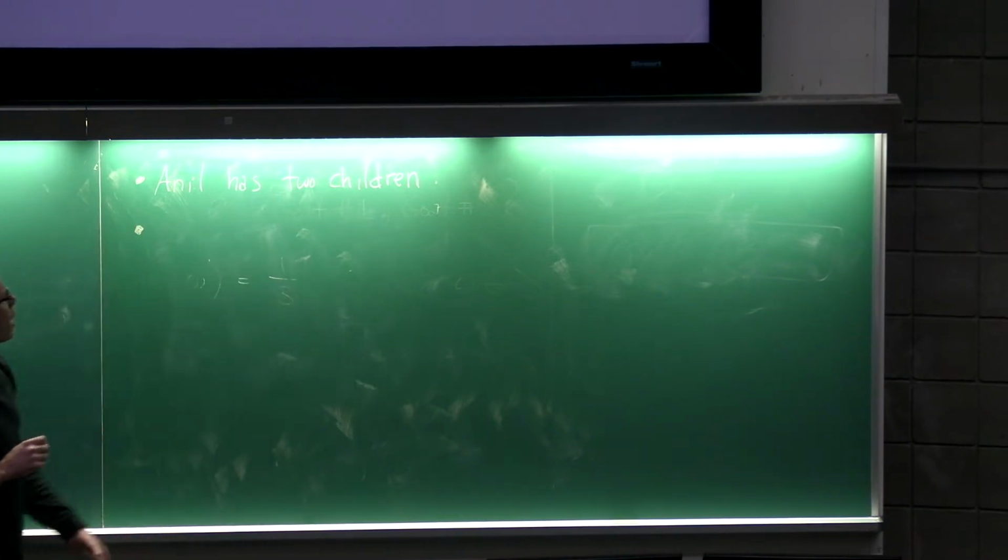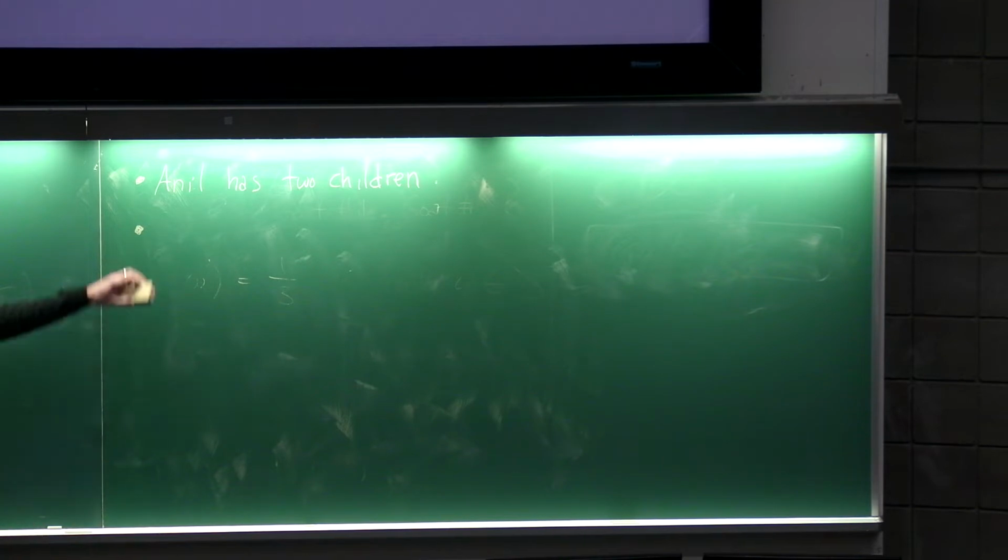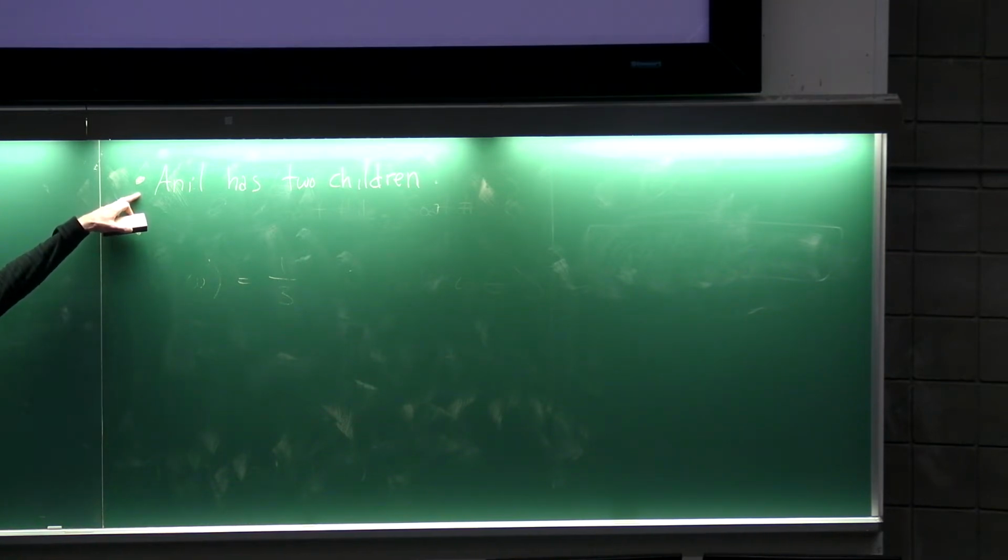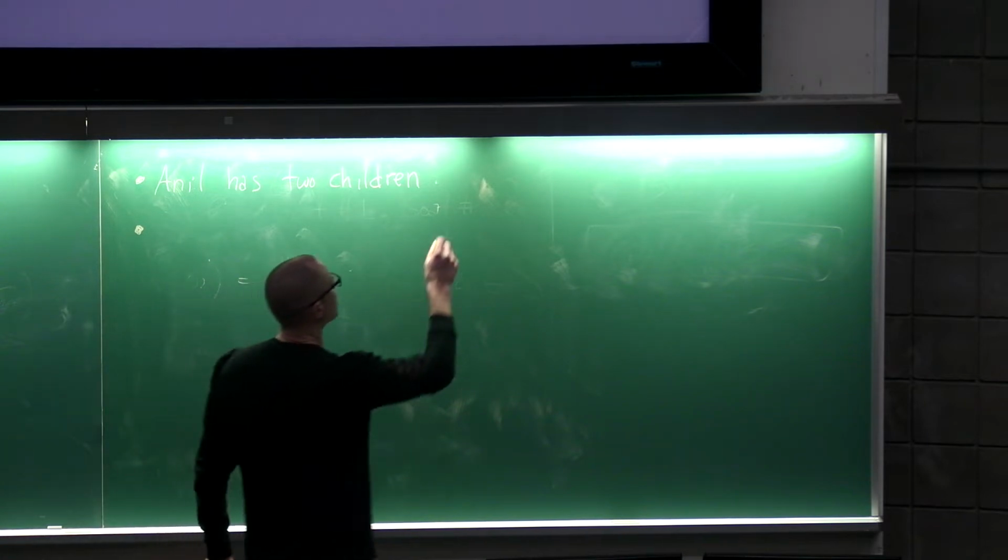So this somehow says, and what I'm interested in is the sexes of these 2 children, boy or girl. So this somehow says that there's an underlying set of possibilities, and that underlying set of possibilities looks like this.